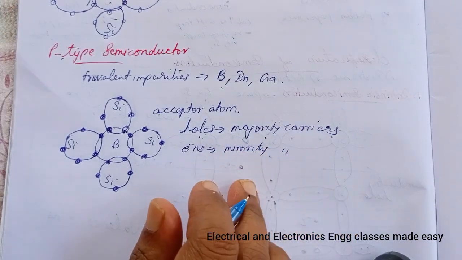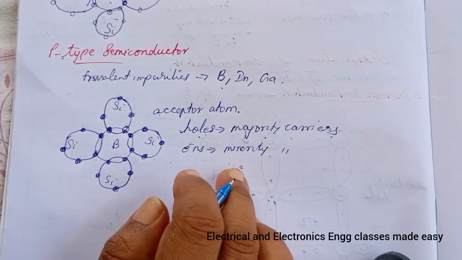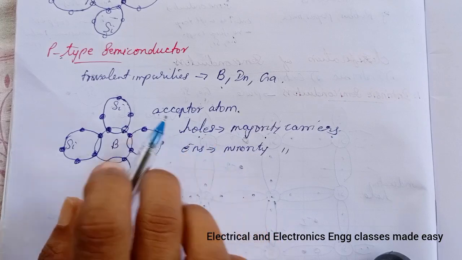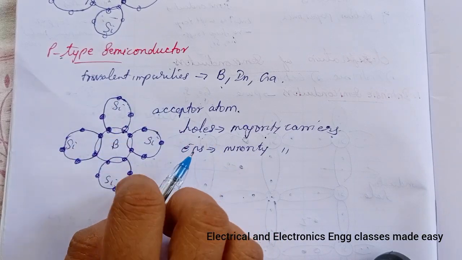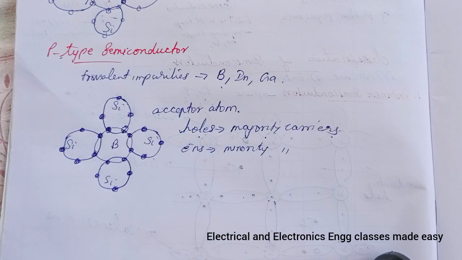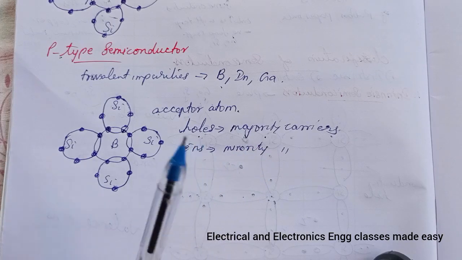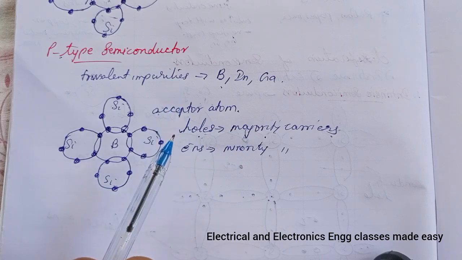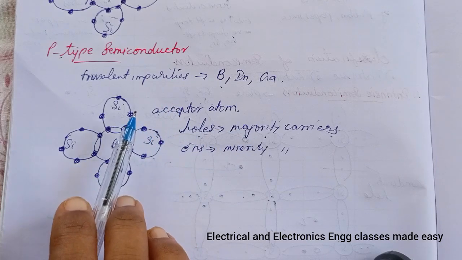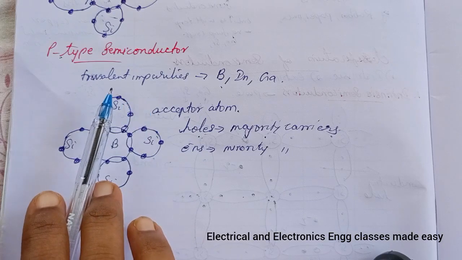They are not produced by the addition of the trivalent impurities, only by electron hole pairs. So that is about extrinsic semiconductors. Hope you understand both the n-type and p-type semiconductors.